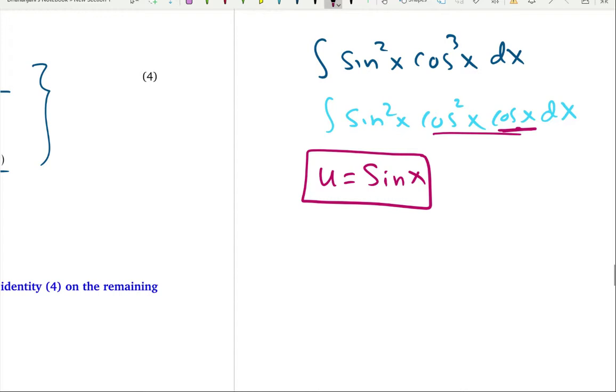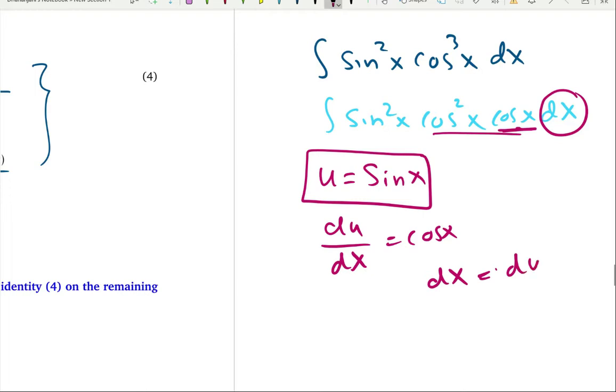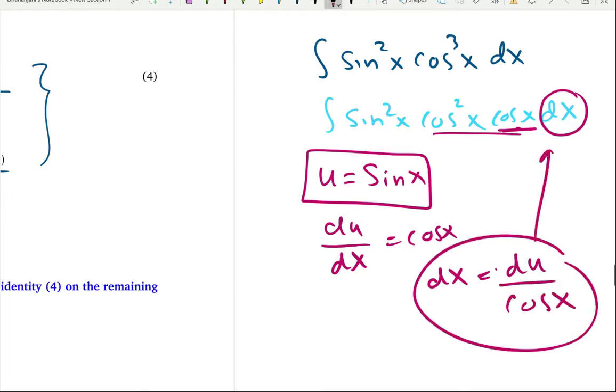Then you cancel out that part when you replace dx, because du over dx is sine and dx is du over sine. When you replace dx by this term, you will cancel out the part that you split out. That is why we had this smart choice for u, a rule of thumb for you.